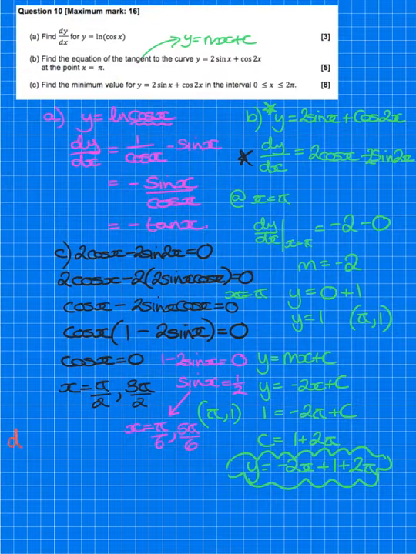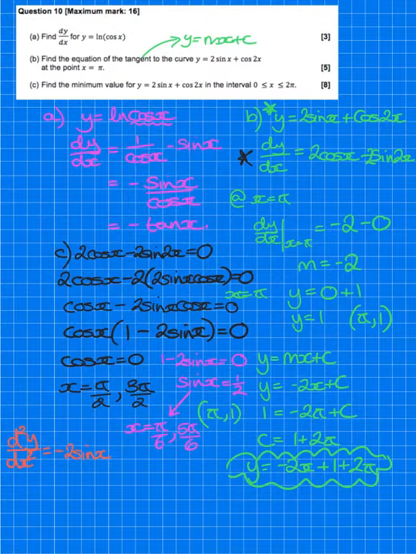We're going to go d2y dx squared. We're going to differentiate this another time. So our derivative's up there at the top right in green. We're going to differentiate it again. When we differentiate cos, we get minus 2 sin x.